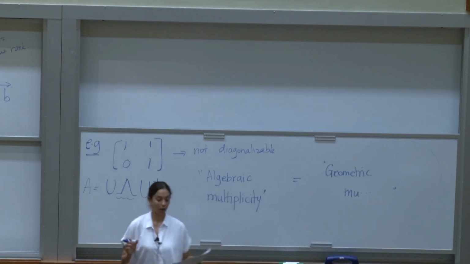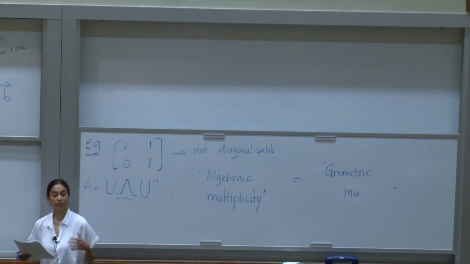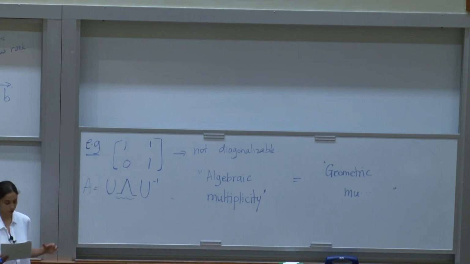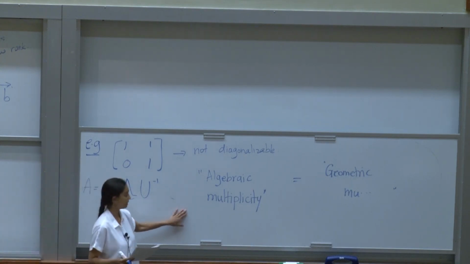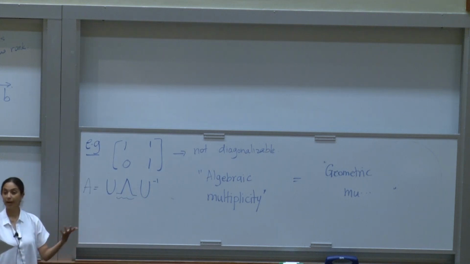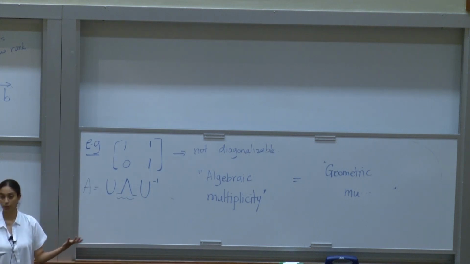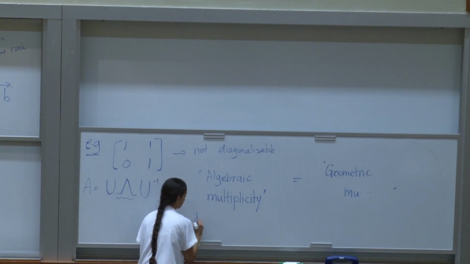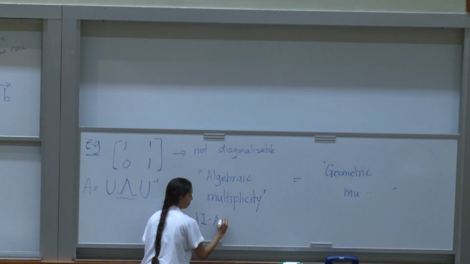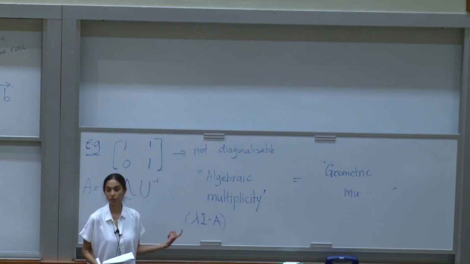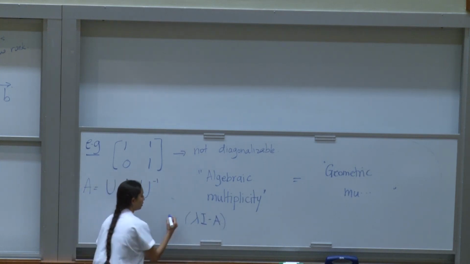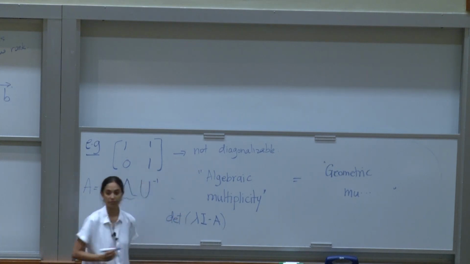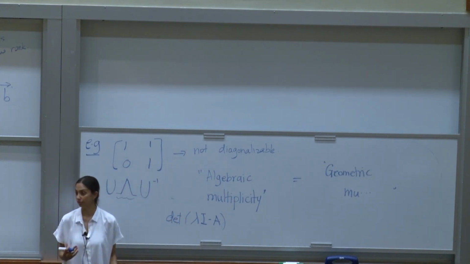And what do I mean by algebraic multiplicity and the geometric multiplicity? The algebraic multiplicity is, well, when I find an eigenvalue for a matrix, what am I doing? I'm basically considering this matrix lambda I minus A, right? And I'm using this to generate a characteristic polynomial by considering the determinant of this, right? And I'm finding the roots of that.